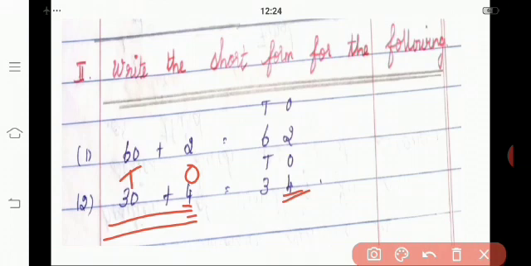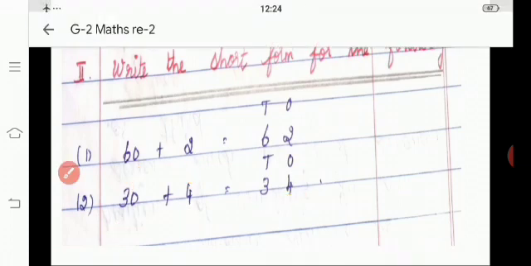Next, on the tens place there is 30 or 3 tens. So we can write 3 in the tens column. So 30 plus 4 is equal to 34. The short form of 30 plus 4 is what? 34. Is it, children? Do you understand? Shall we move on to the next one?